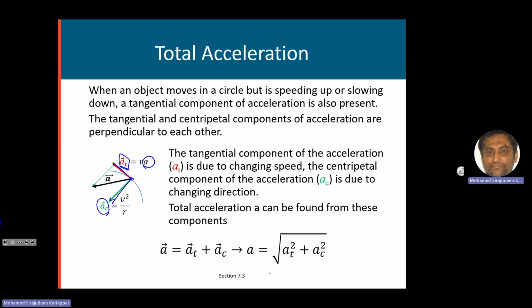So the total acceleration will be the sum of these two accelerations. Since these two accelerations are perpendicular to each other, the magnitude of the total acceleration is the square root of the sum of the squares of the two accelerations. That is where we stopped.